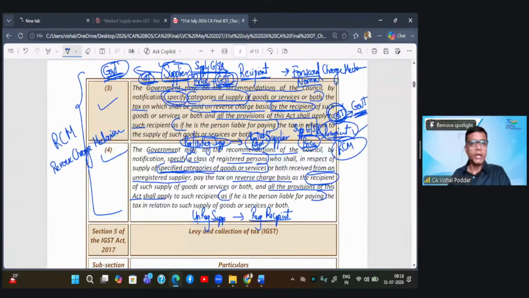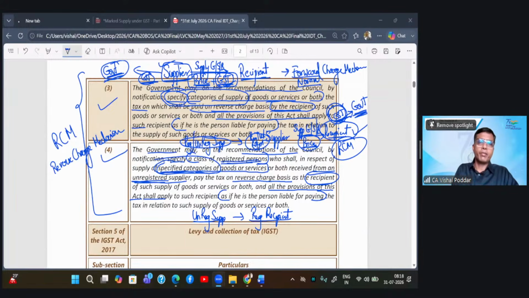But in case of 9(4), again, there is a specific category of supply which will be covered, but here the condition is that the recipient is a registered person and the supplier is an unregistered person. So this is the basic difference between 9(3) and 9(4). In any case, you will understand both by the list which they have given in the notification which we are going to study, right?